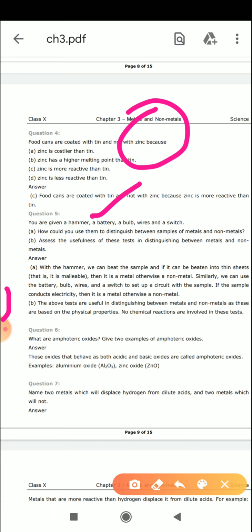Metals are good conductors of electricity, so with the battery the bulb can glow, and we can use the wire like that. Using the hammer we can test malleability, and the battery, bulb, wire and switch are for the conduction of electricity. So you can write the answer accordingly.